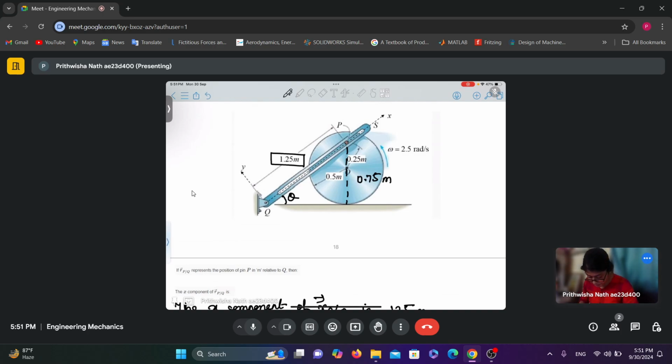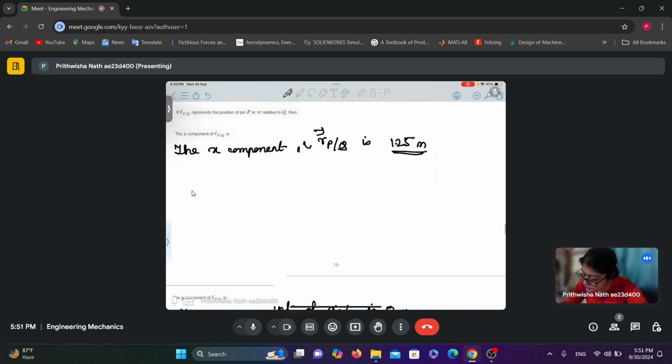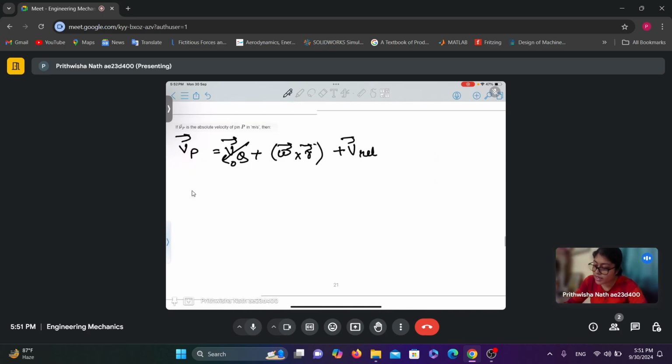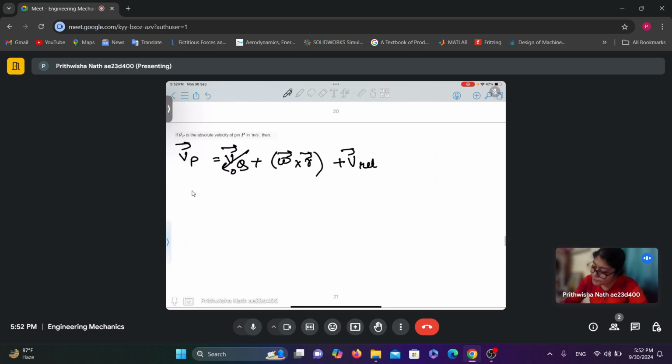So sine theta, we can find out theta from sine.